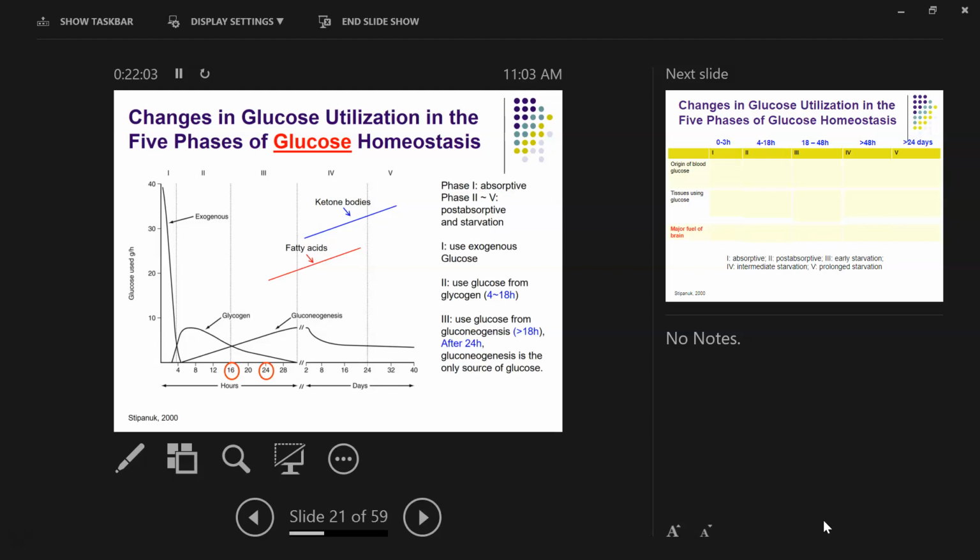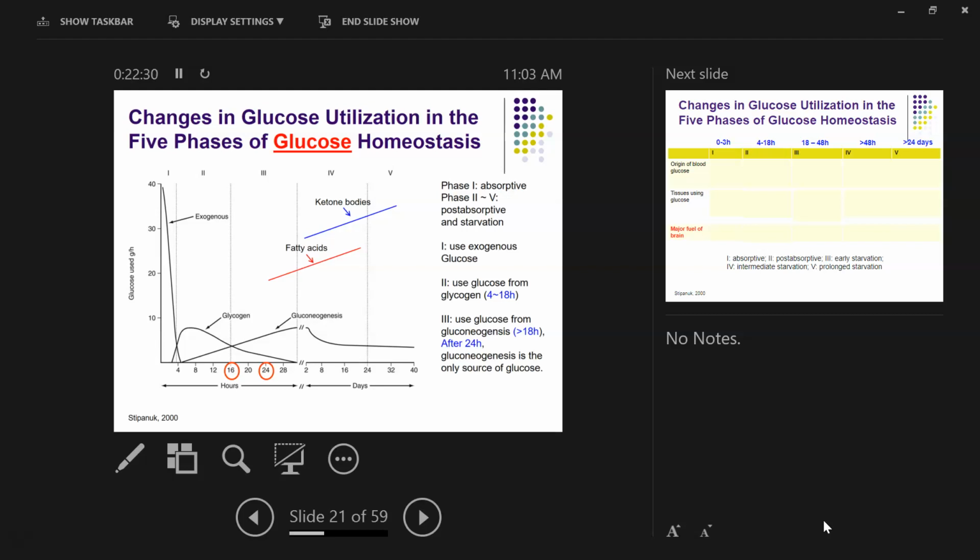But because this diagram is only focusing on glucose, we know we also utilize alternative energy: fatty acids and ketone bodies. So after 24 hours, our body starts to break down fatty acids. Fatty acid levels will increase and also serve as an important alternative energy for the body.